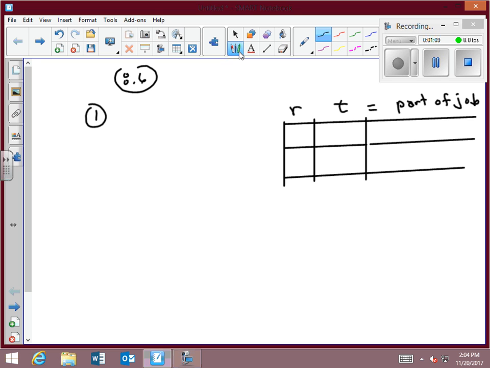Number 1 says a park has 2 sprinklers that are used to fill a fountain. One sprinkler can fill the fountain in 3 hours, whereas the second sprinkler can fill the fountain in 6 hours. How long will it take to fill the fountain with both sprinklers operating?